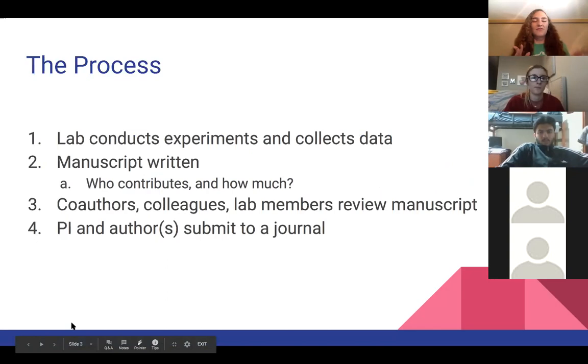The process of how a scientific article comes into being is first a lab conducts experiments and collects data, and a manuscript is written. Does anyone know who contributes to writing a manuscript for a research article?